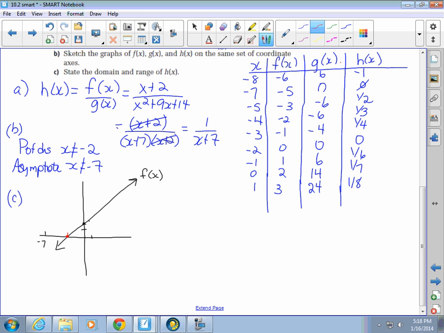So I know I have that point there. I have another x-intercept at -7 and 0. So I know my graph is going to go like that. And then the points in between, where's my repeat? Are in between -5 and -4. So somewhere in here, down about here, is where my values are going to start to repeat themselves.